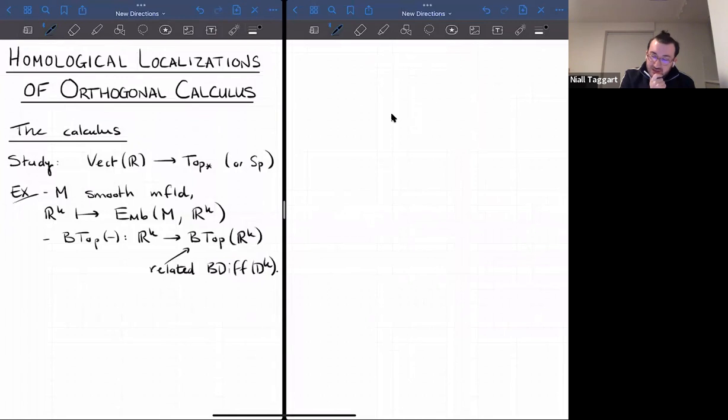And the calculus is constructed in such a way that it uses homotopy theory to try and understand these geometric objects. And it is completely analogous to differential calculus from undergrad. So the analogy goes as this.